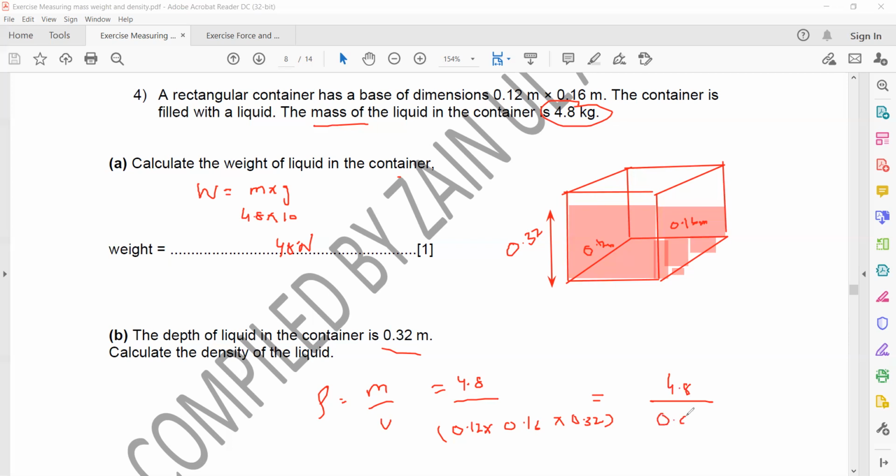So this one is 0.006, and 4.8 divided by 0.006, that's approximately, or it is equal to 800 kilogram per meter cube. I did not take the complete numbers after 6. If you take the complete, then it will be approximately 780. But I took only 0.006, that's why I'm getting 800. Is it clear? Question 4, part A and B.